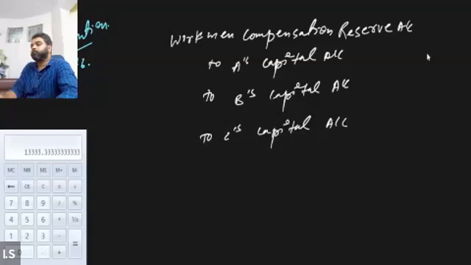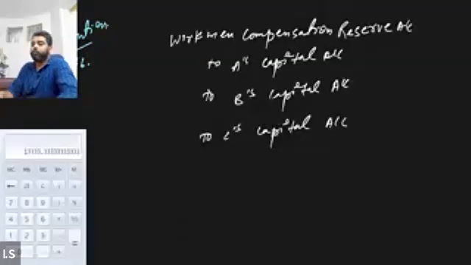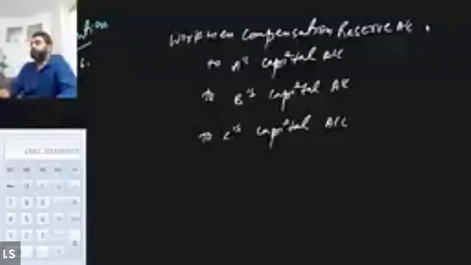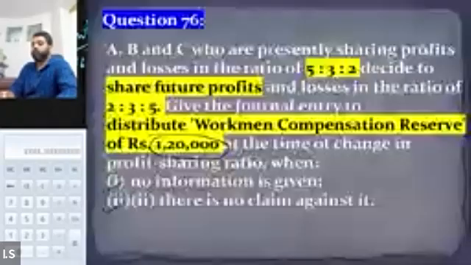The amount of workman compensation was 1,20,000. Entire amount will be divided among the partners. We need to divide it among the partners in their old profit sharing ratio. Old profit sharing ratio was 5:3:2.